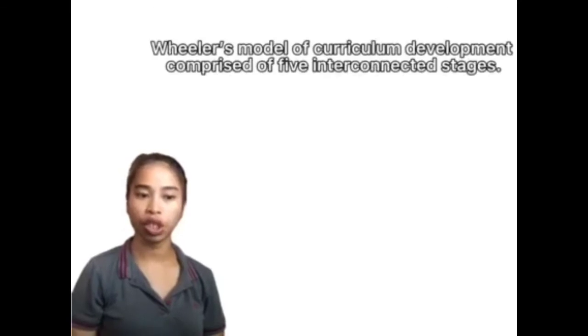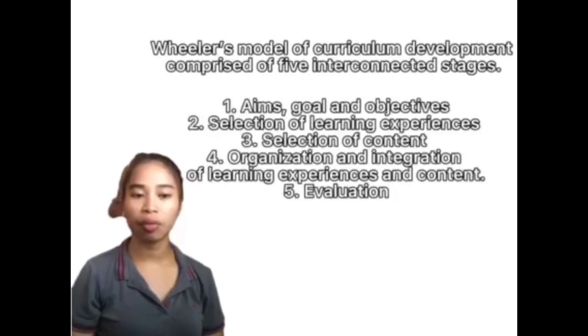So Wheeler's model of curriculum development comprises 5 interconnected stages. These are aims, goals, and objectives. Second, selection of learning experiences. Third, selection of content. Fourth, organization and integration of learning experiences and content. And last one, evaluation.